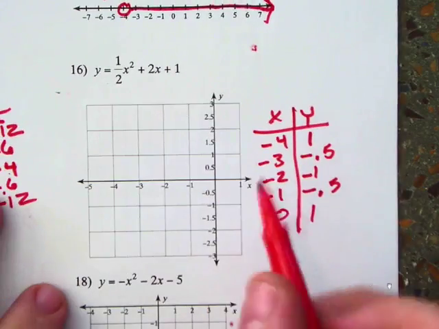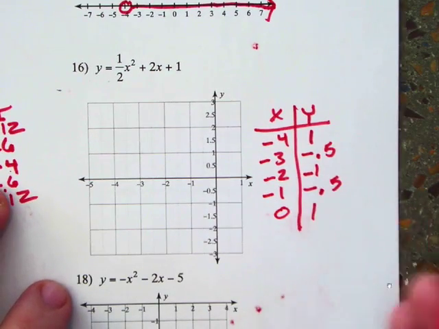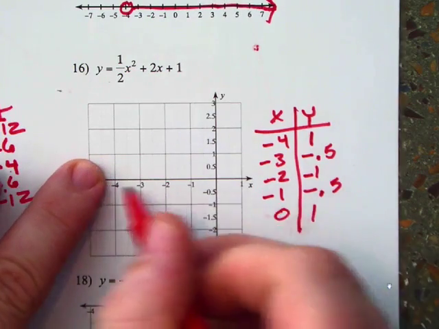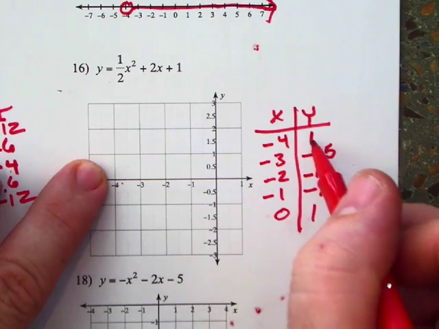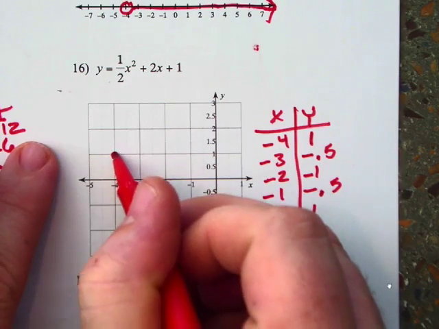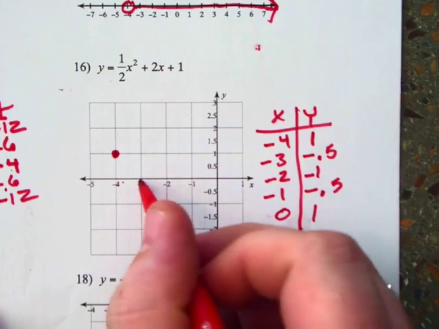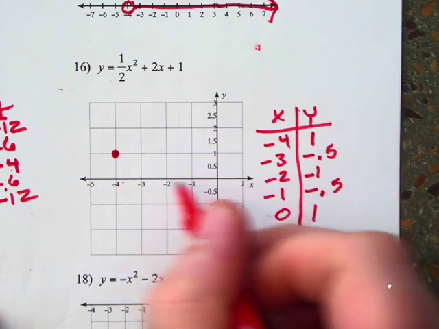Okay, so now I showed my work, and I can say, all right, when x is -4, so here's -4. Remember, we do the x first. Y is 1. So we're going to put a point right there. When x is -3, y is -0.5.